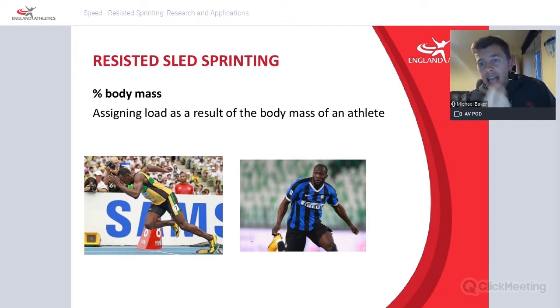The one thing I would say about body mass percentage as a method for assigning load is that, though it is easy to do, it perhaps doesn't give you a particularly individualized effect across your cohort of athletes. You might have 2 athletes who weigh very similar but have very different acceleration capabilities. And I know from experience within my own group, if I was to assign load using this method, someone would be losing out, because it would suit one individual and perhaps wouldn't suit another.